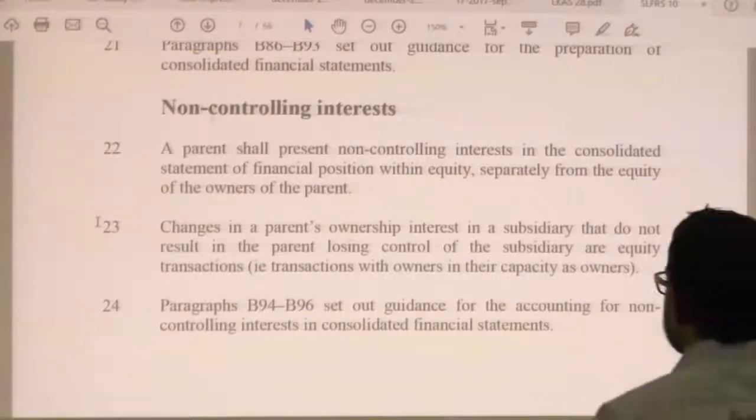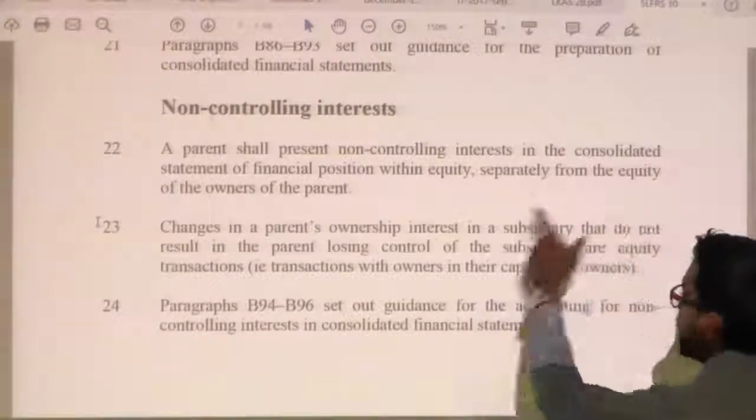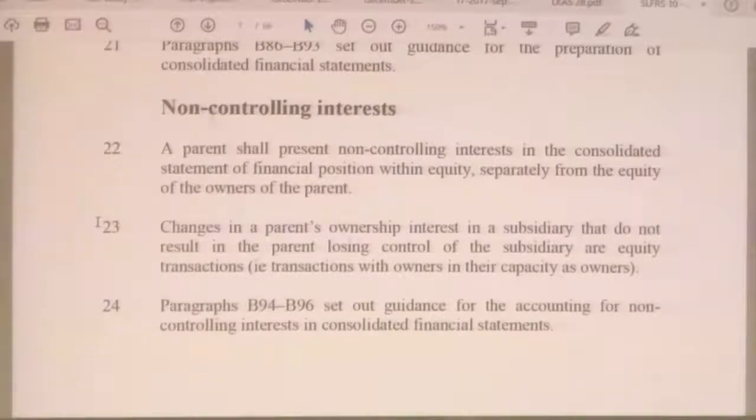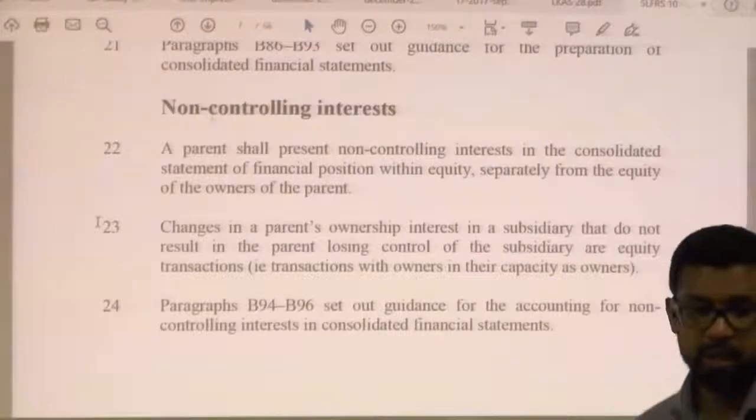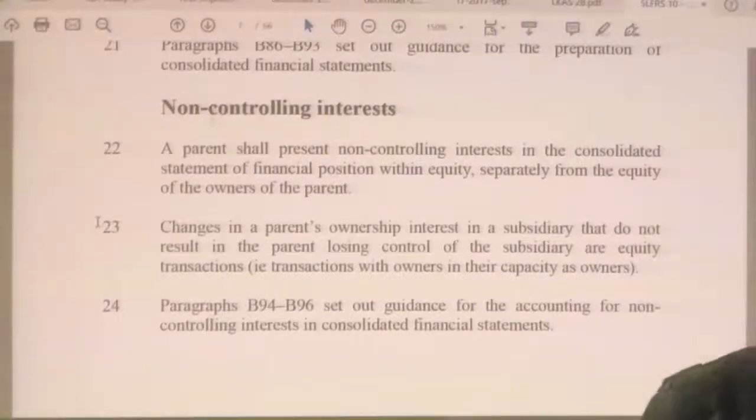In your balance sheet, you have to show separately the equity interest of the owners of the parent. Changes in the parent's ownership interest in a subsidiary that do not result in the parent losing control of the subsidiary are equity transactions. Fine. Para 22. We'll see this in detail with the calculation.